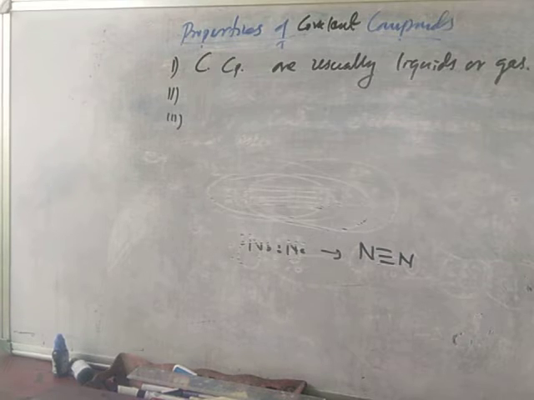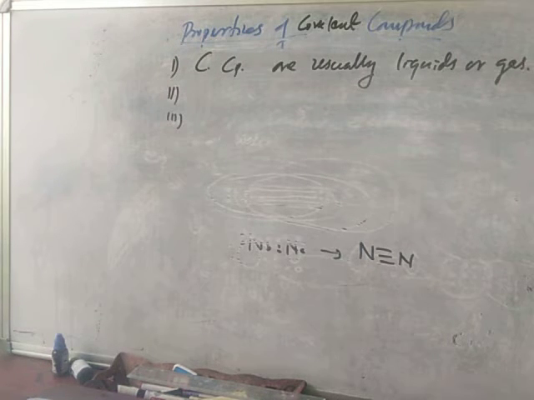Only some of them are solid. For example, alcohol, ether, benzene, these are liquid. Methane, ethane, these are solid.